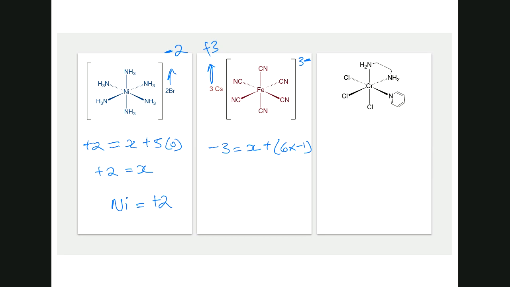So -3 is equal to X minus 6. Sorry, -3 plus 6 is equal to X. X equals +3. So in this case, iron 3.